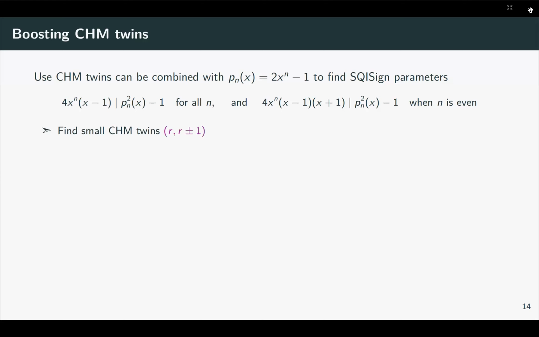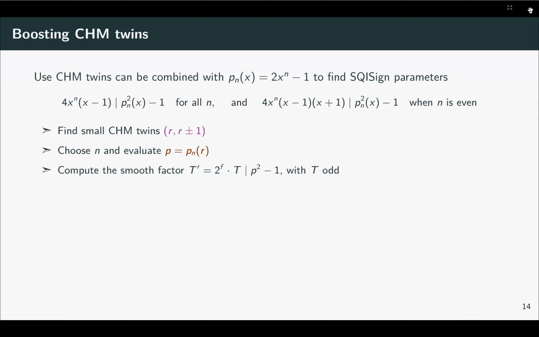And so the approach is that we start with a CHM twin, which we'll write this way. We choose an n and evaluate this polynomial at the CHM twin r. Now we compute the smooth factor of p squared minus 1 and decompose it into a power of 2 times t.